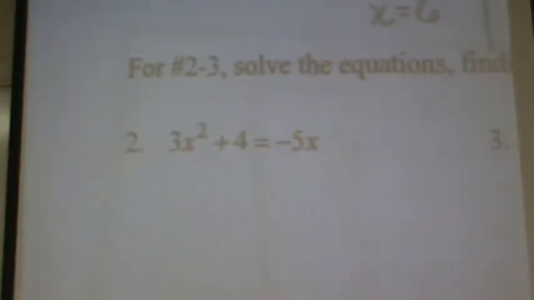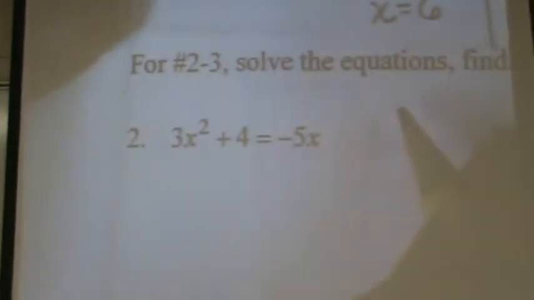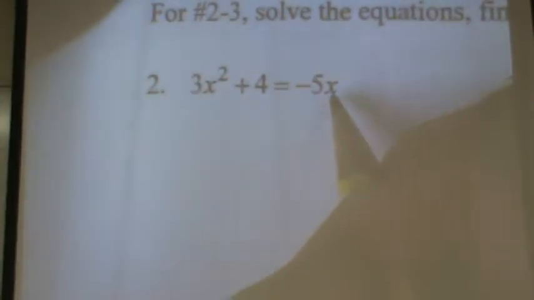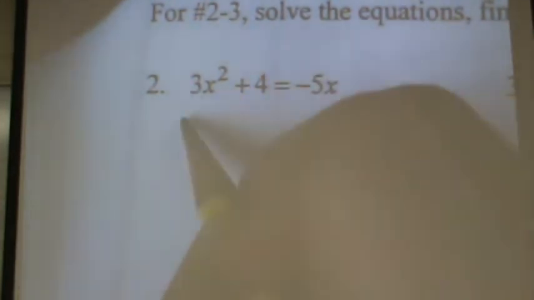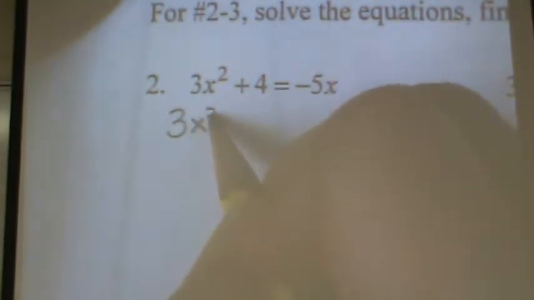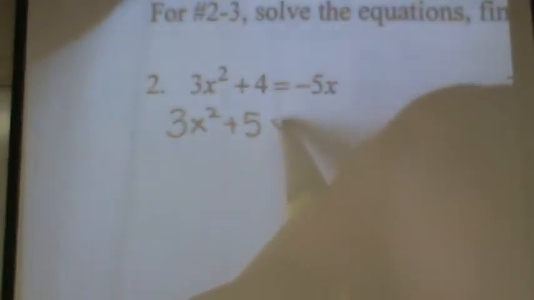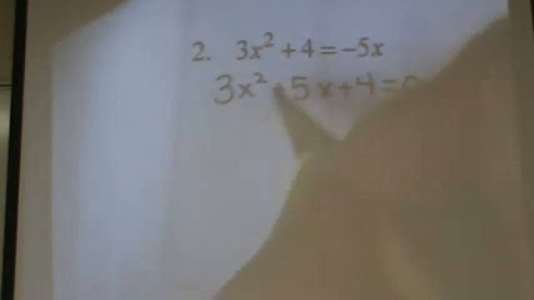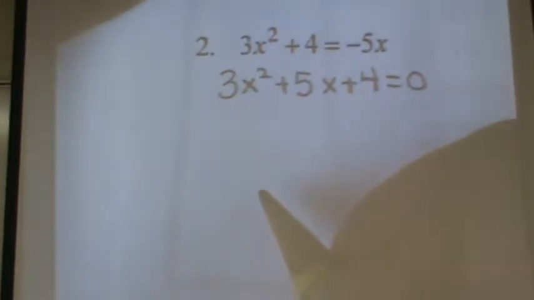Okay, the next one, number 2. I want you to solve, and I want all the answers, real and imaginary. So what should I do to this -5x? So you have 3x squared plus 5x plus 4. Now, it is an x squared problem, so whip out something for me to solve this.